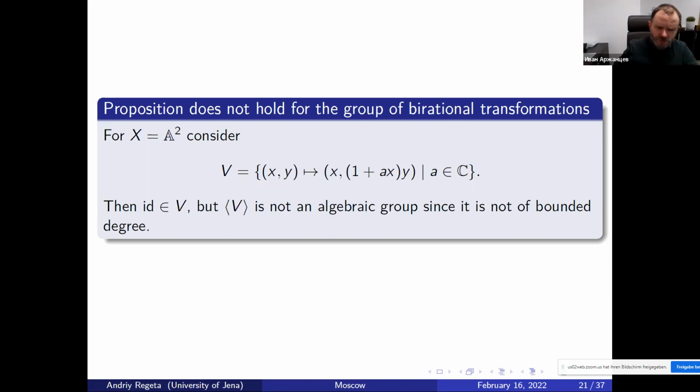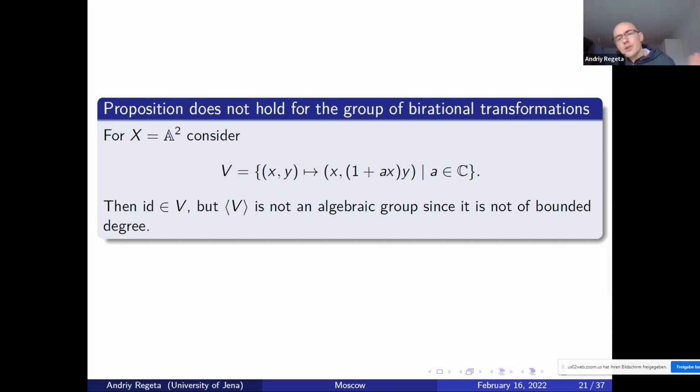And what is the inverse of this transformation? I don't know, I haven't thought about this, so I have to. So is this an automorphism or not? I try to understand. It's not an automorphism of A^2, so it's really a birational transformation.